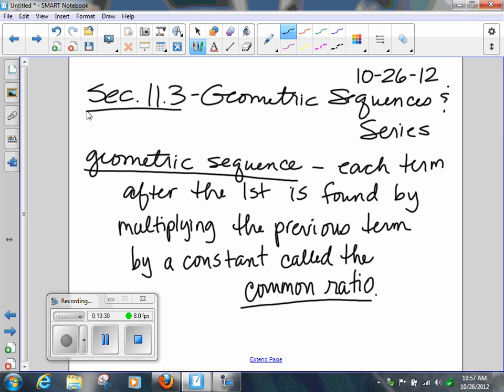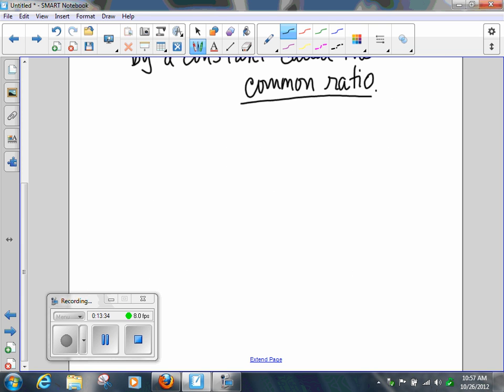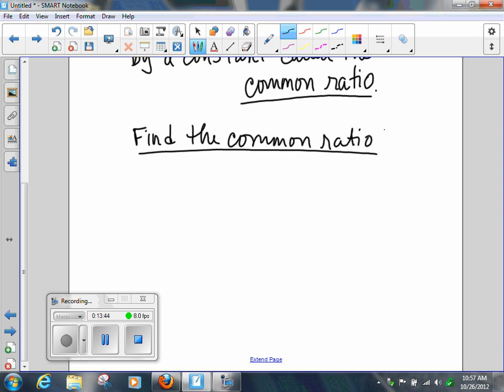If we looked at a sequence of numbers, I want you to find the common ratio. Okay?